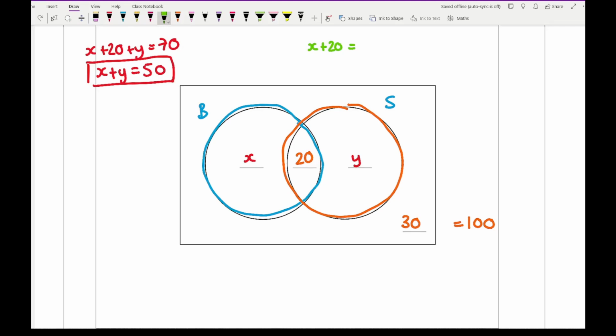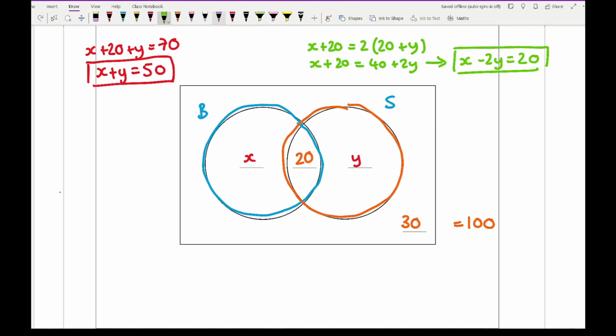So if I double the orange circle, then that's going to equal the same amount that's in the blue circle. Expanding the brackets out, I get X plus 20 equals 40 plus 2Y. Then neatening all of this up, I get X minus 2Y equals 20, which is another equation I've got.